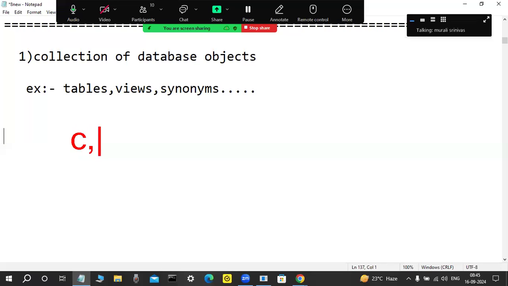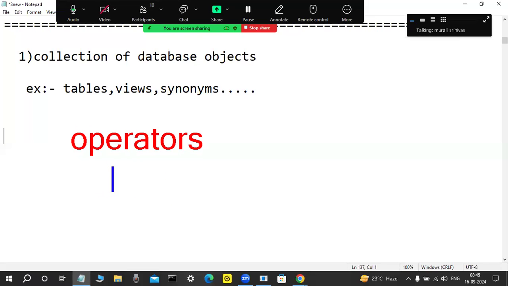Same as in C, C++, Java, these types of languages, you have an idea of operators: relational operators, logical operators, arithmetic operators. Yes, here also operators are there. Relational, logical, but not only those.